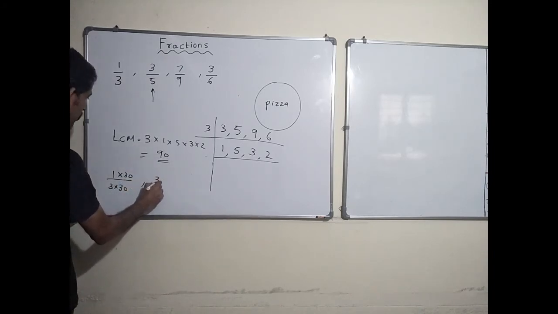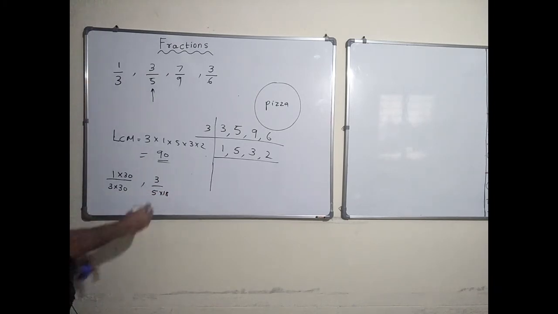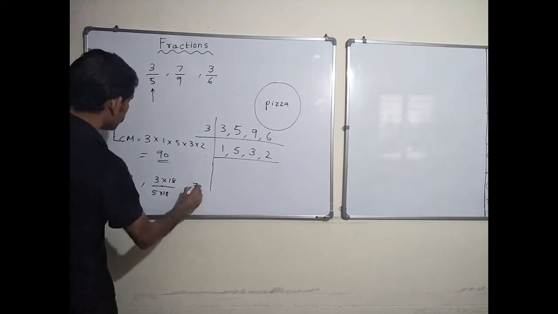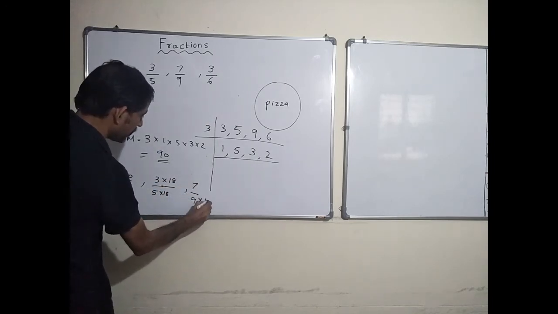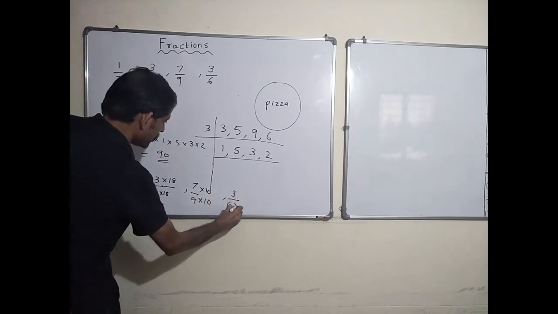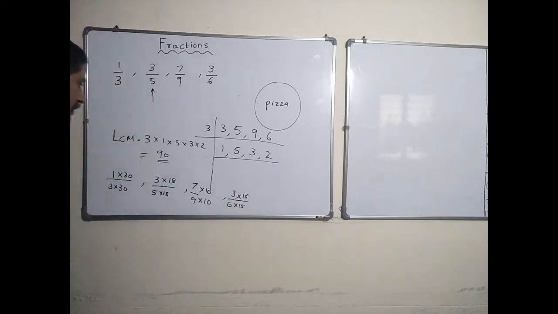Same thing we'll do with this. In order to make 90 I have to multiply by 18, and 18 on the top as well. Similarly 7 by 9, I multiply by 10 and 10, and the fourth one, 3 by 6, multiply by 15 and 15. Okay, that's good.